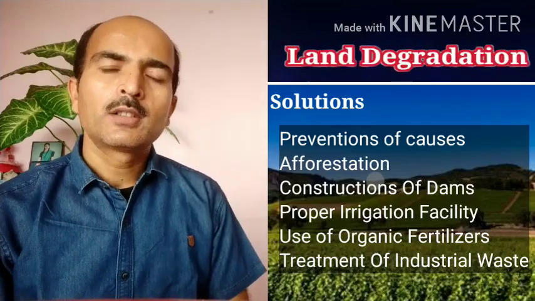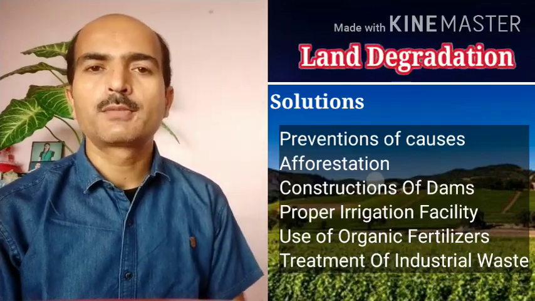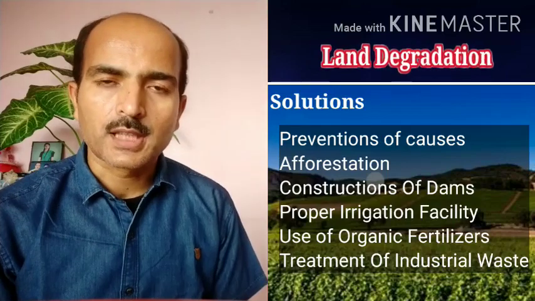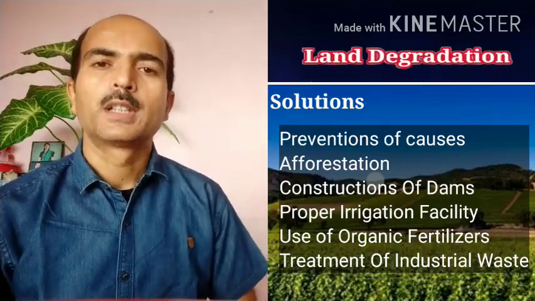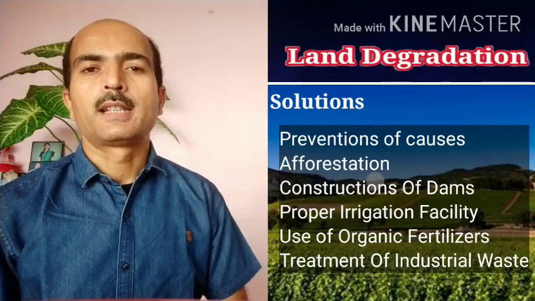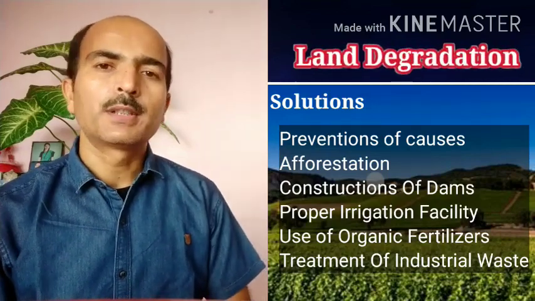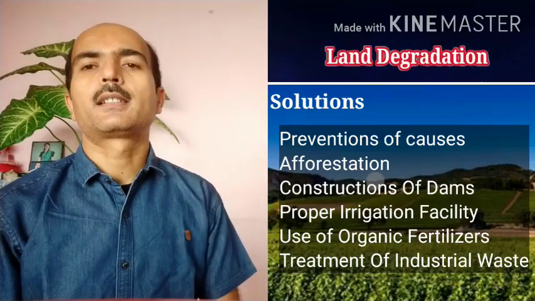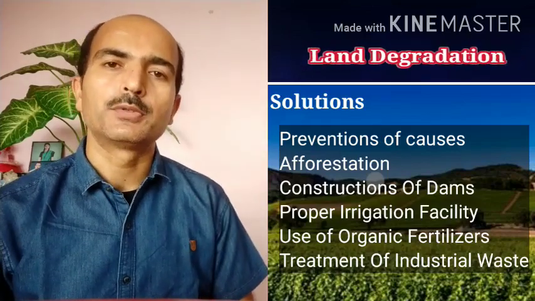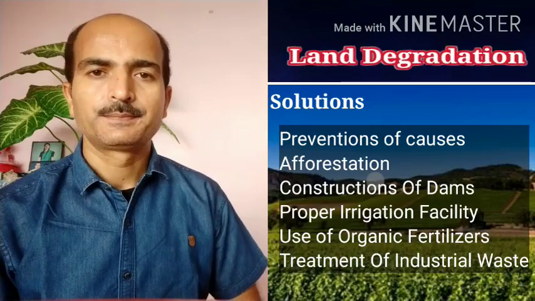In the areas where floods come, we must construct dams so that they can prevent soil erosion. In areas where there is less rainfall, we must provide suitable facilities for irrigation so that the area can be used for agricultural purposes.